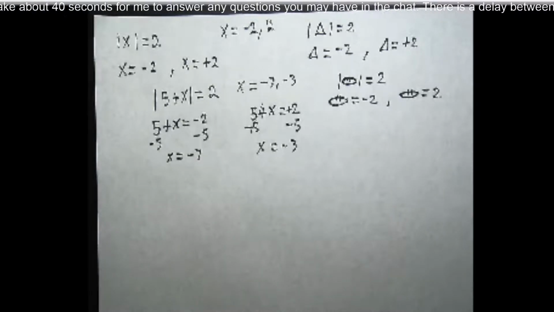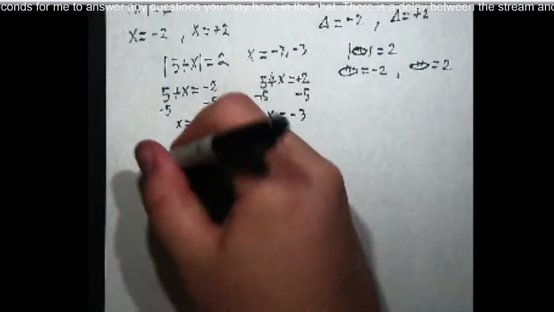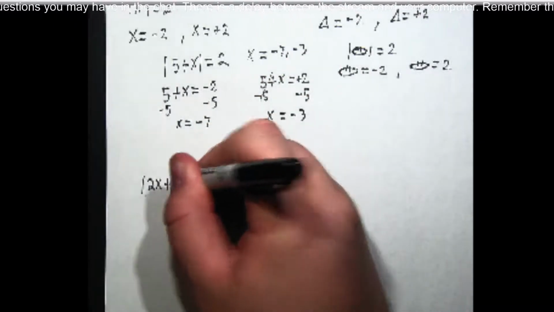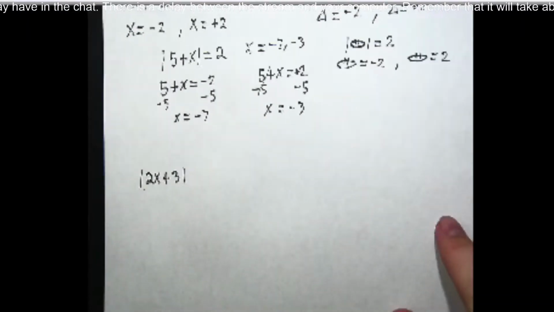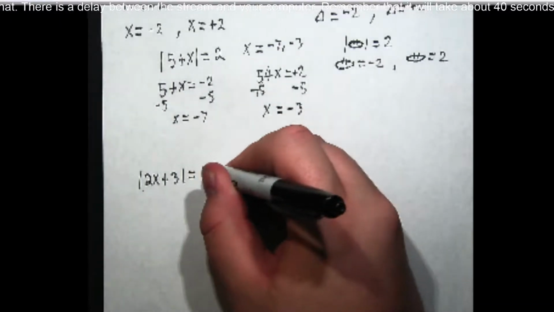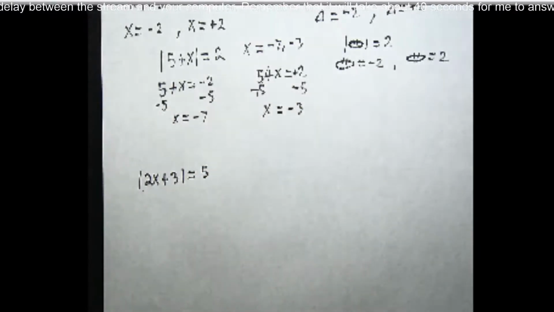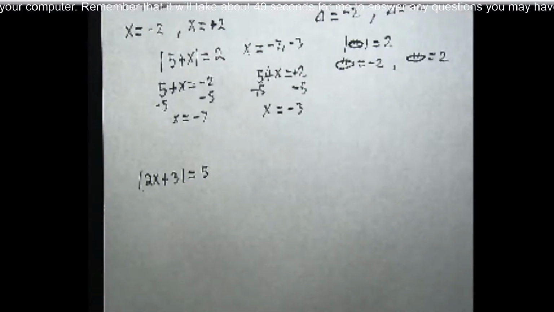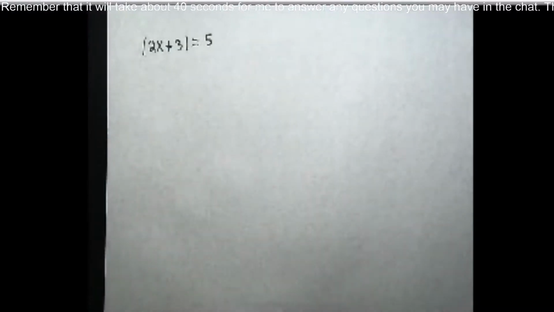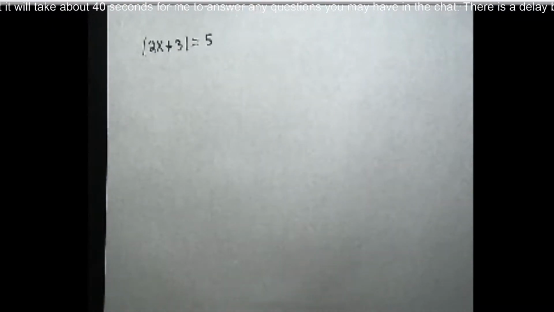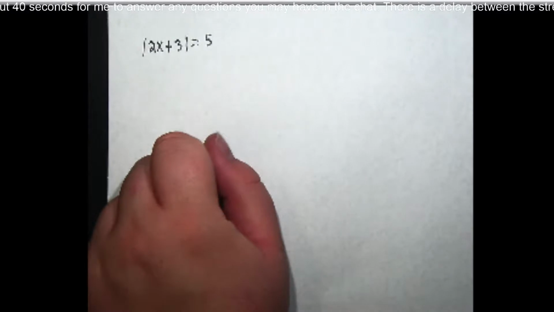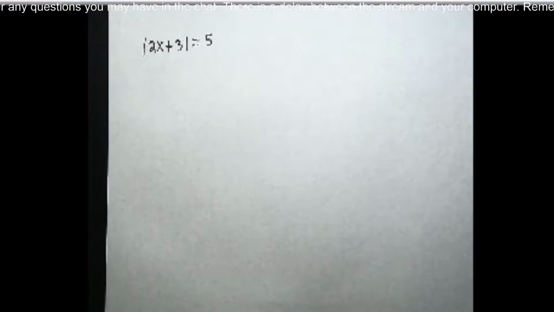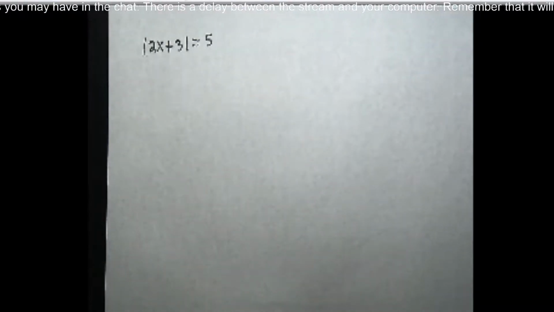All right, let's try another one. Absolute value of 2x plus 3 equals 5. Okay? Again, it does not matter that I have changed what this looks like in here. What are we still going to do? Solve it.